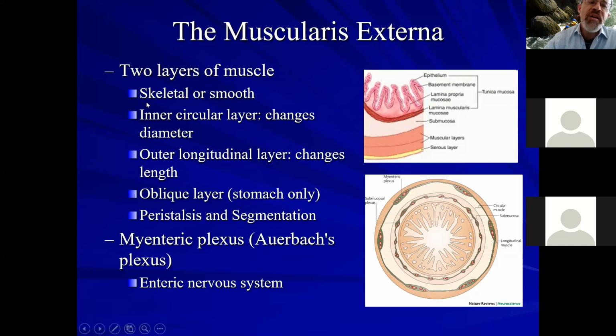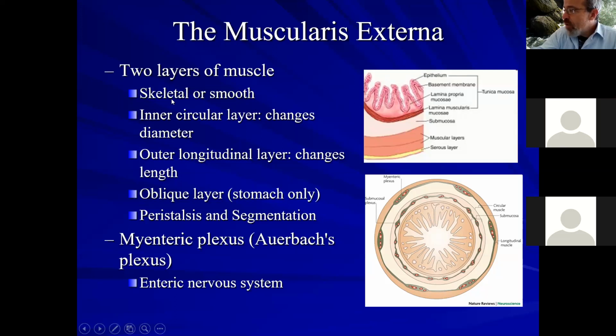Now, you notice up here, I put skeletal or smooth, and this is interesting. We think of the gut as working on its own, right? But depending on where you are in the digestive tract determines what type of muscle you have. For example, in the oral cavity and in the upper part of the esophagus, we have skeletal muscle.